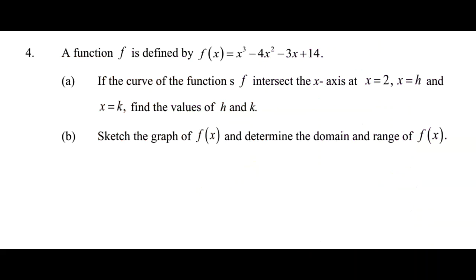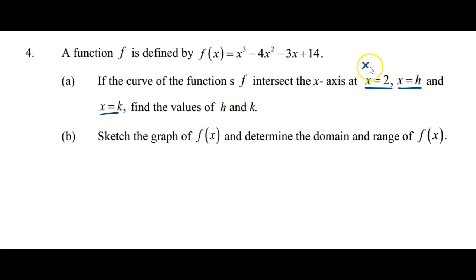For question 4, a function f is defined by f(x), a cubic function, x cubed minus 4x squared minus 3x plus 14. If the curve of the function f intersects the x-axis at x equals 2, x equals h, and x equals k, find the values of h and k.